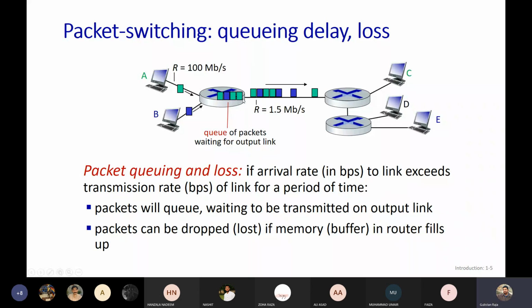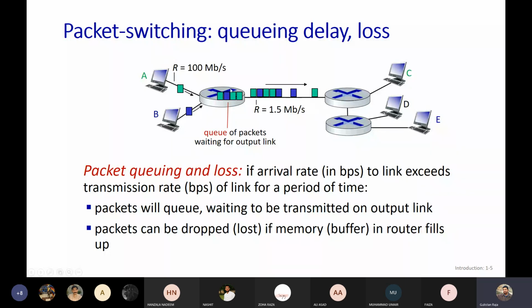Now, if the arrival rate exceeds the transmission rate, naturally, what will happen? First of all, packets will queue in this router because the arrival rate is much higher. For instance, the arrival rate is 100 Mbps and the transmission rate is 1.5 Mbps. So the packets will not be transmitted at the same speed as the arrival rate.